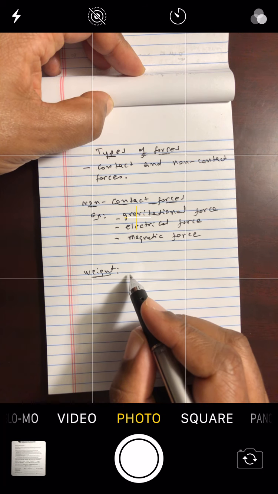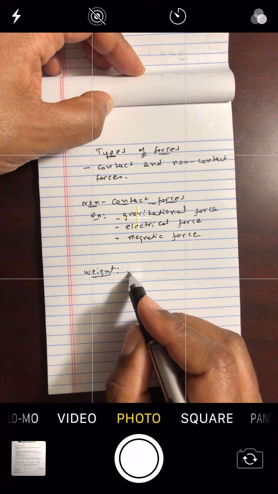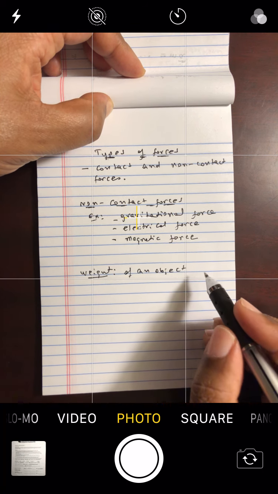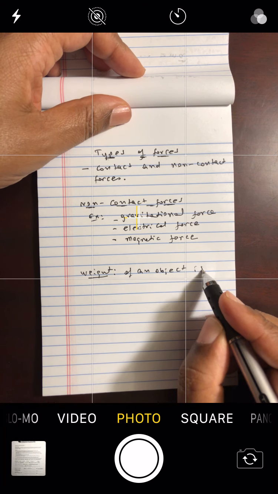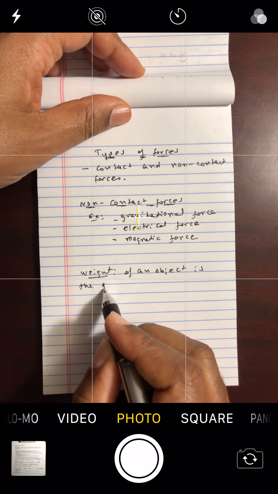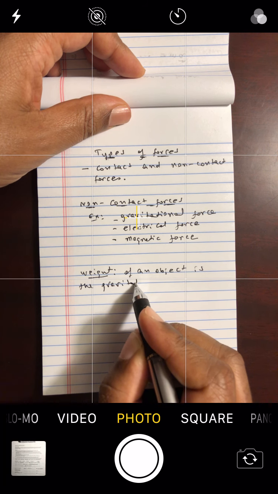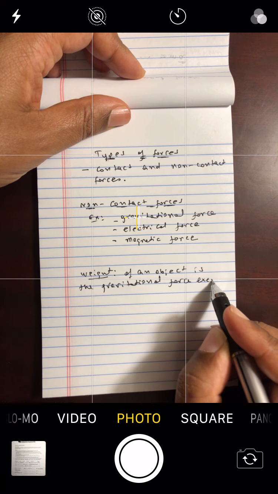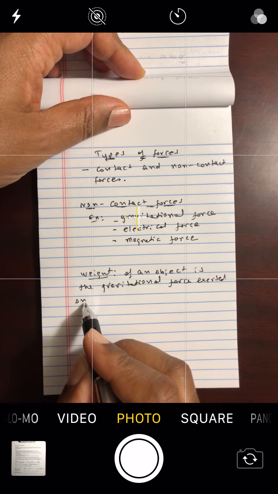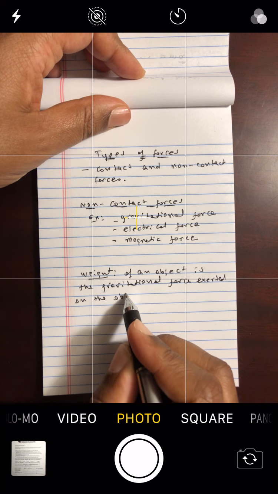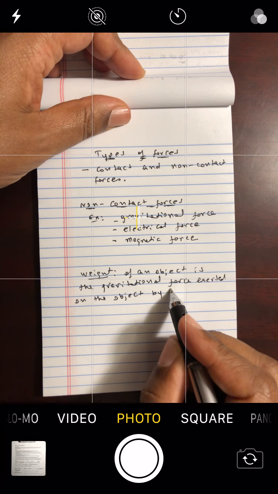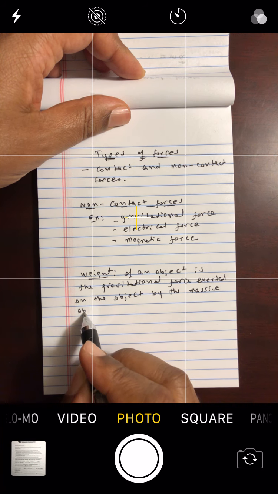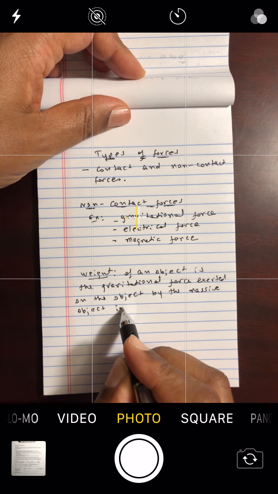Weight of an object is the gravitational force exerted on the object by the massive object in the vicinity.